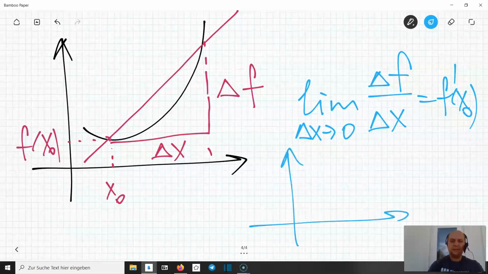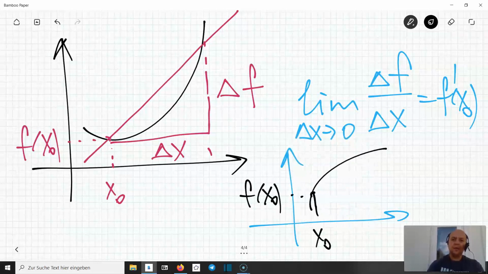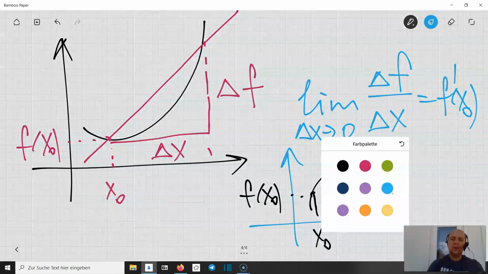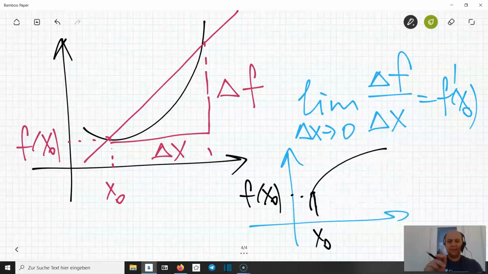If we have the same picture, but like this, we have xo here, and we have f of xo there. And we're just moving by the very tiny small step to the right, which we call dx. And we are moving by the very tiny small step upwards, which we call df.